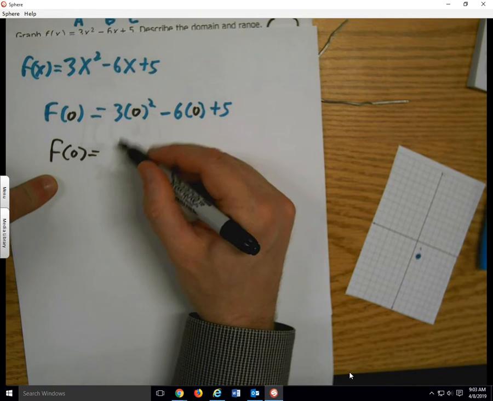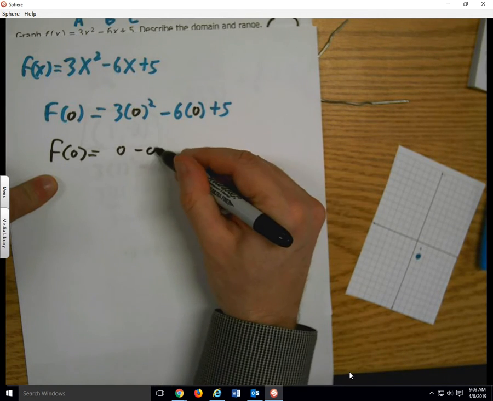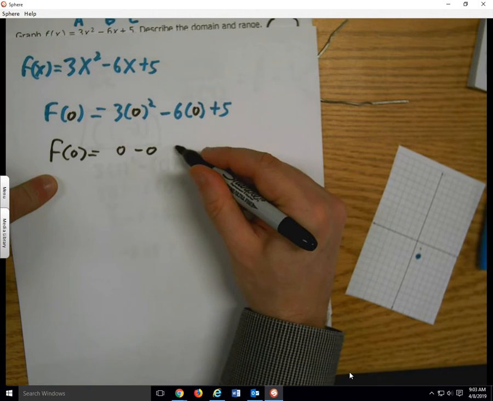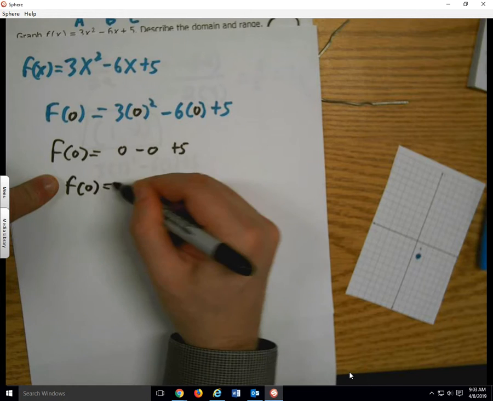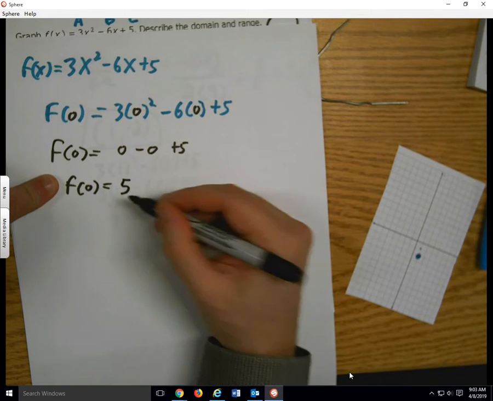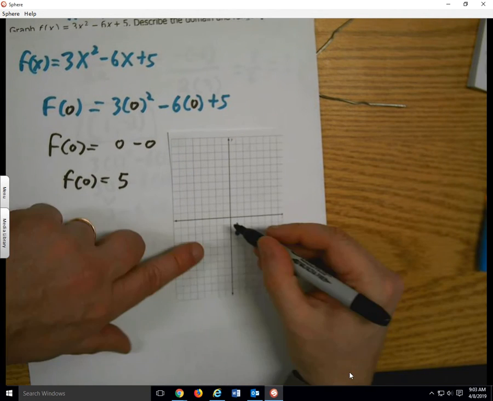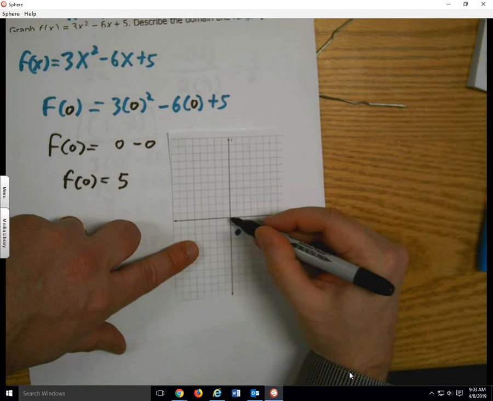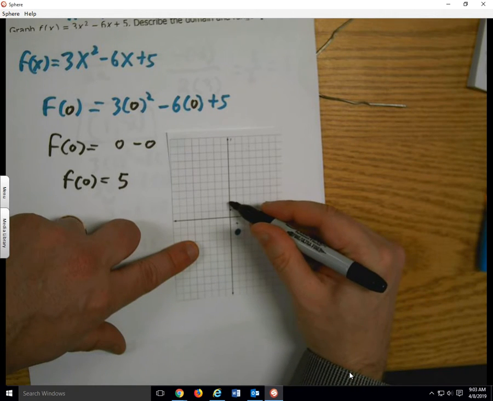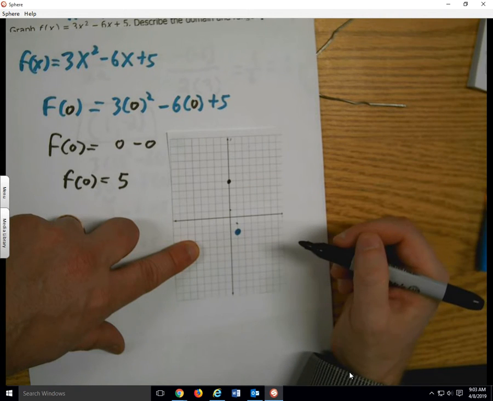And that 0 times 3 would also be 0. And then negative 6 times 0 is also 0. So we bring down the plus 5, and we found out if you input a 0, your output would be a 5. So let's go back to here. We know if we input a 0 as our x value, our output would be 5. 1, 2, 3, 4, 5. There's one of your dots.